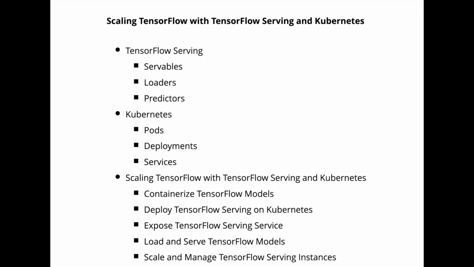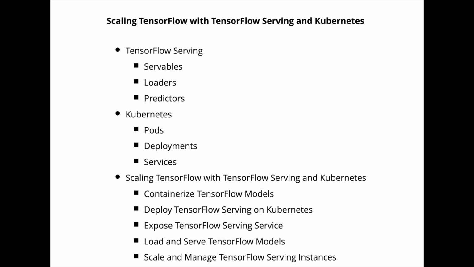Scaling TensorFlow with TensorFlow Serving and Kubernetes enables efficient deployment and serving of machine learning models in production environments. By containerizing TensorFlow models, deploying them as scalable services on Kubernetes clusters, and leveraging TensorFlow Serving's features for model serving and versioning, developers can build robust and scalable machine learning pipelines that handle varying levels of workload and ensure high availability.